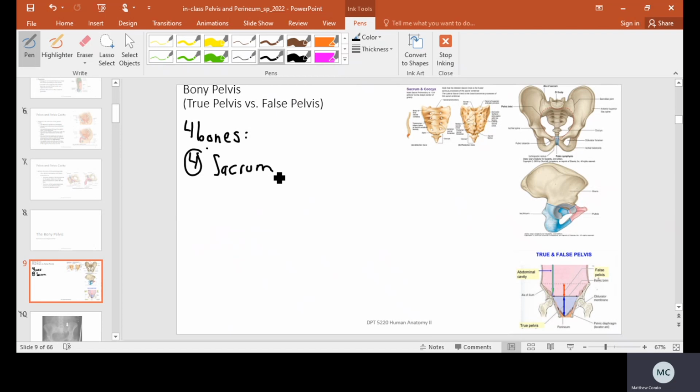Now, my sacrum is literally going to be just the continuation of my spine, but it is going to be all solid.